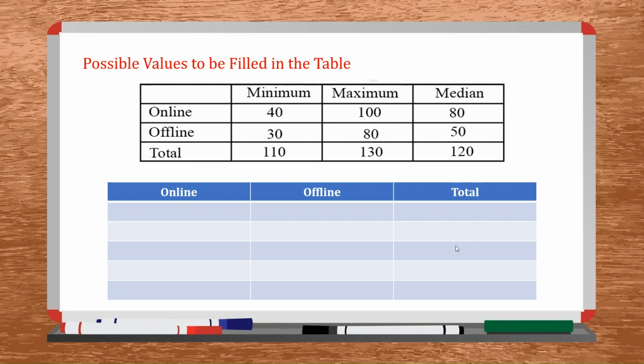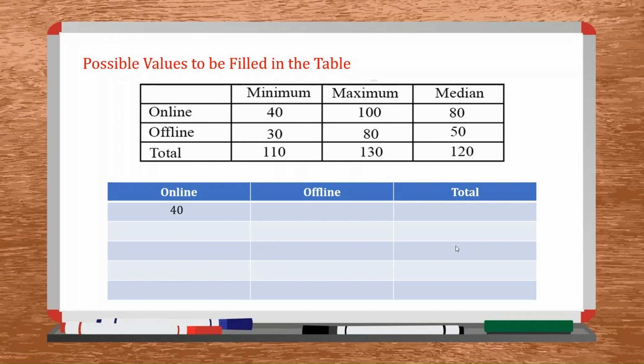So for online, what is the minimum value? The minimum value we will be calling the first value. The second minimum we'll be calling the second value. The median we'll call the third value or the middle value. The second maximum we'll be calling the fourth value, and the largest value we'll be calling the maximum value.